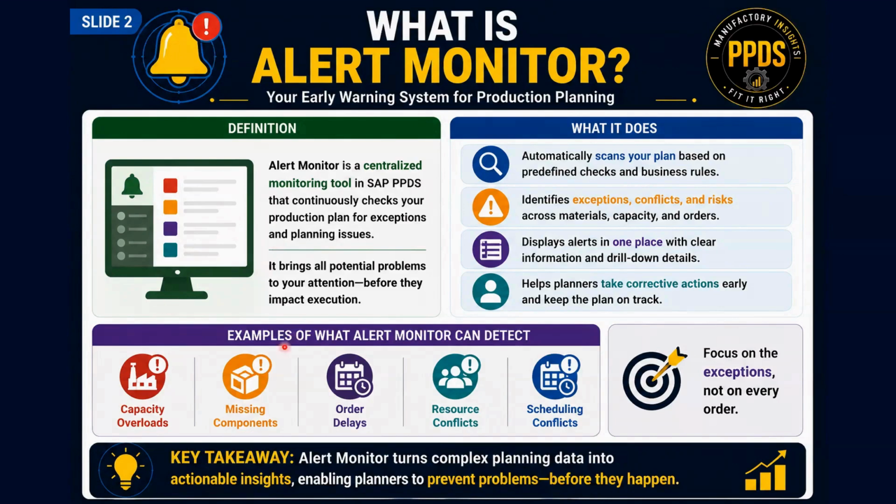The Alert Monitor highlights capacity overloads, missing components, order delays, resource conflicts, and scheduling conflicts. This allows planners to act proactively rather than reacting after production is already impacted.